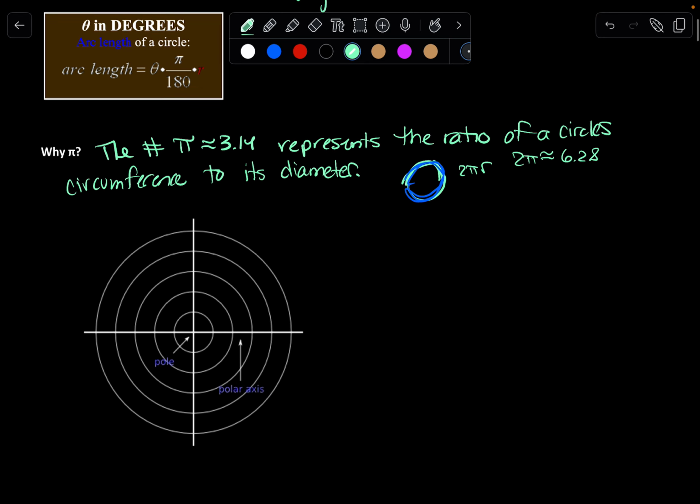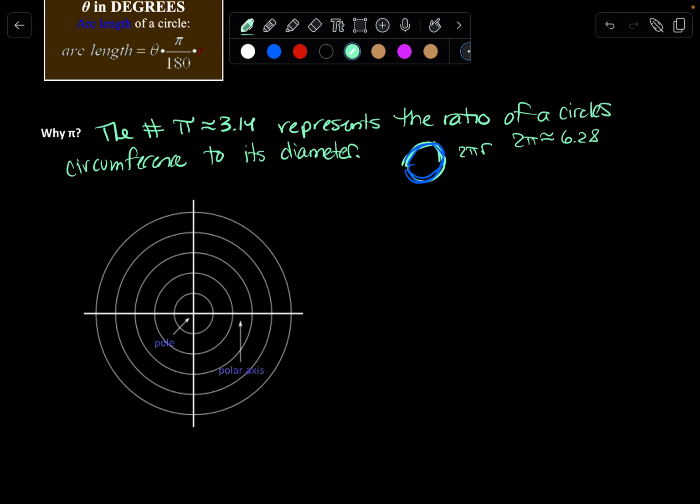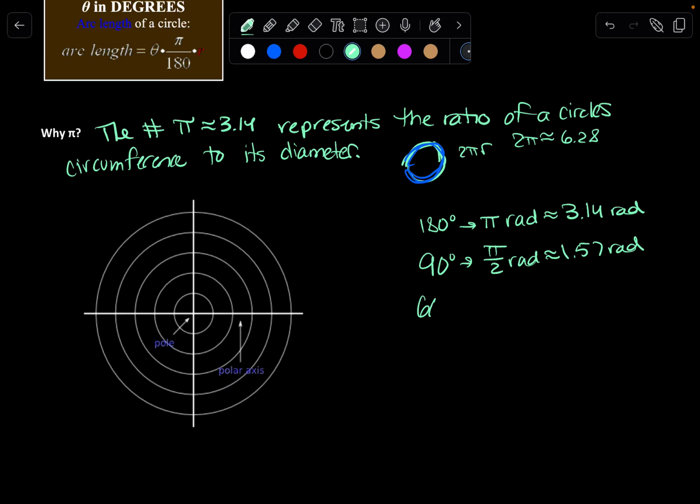So a couple decimals or abbreviations that you should get comfortable with is going to be 180 degrees is going to be pi radians, which is approximately 3.14 radians. We have 90 degrees, that is pi over 2 radians. In decimal form, that is 3.14 divided by 2, which is about 1.57 radians. 60 degrees, we have pi over 3.